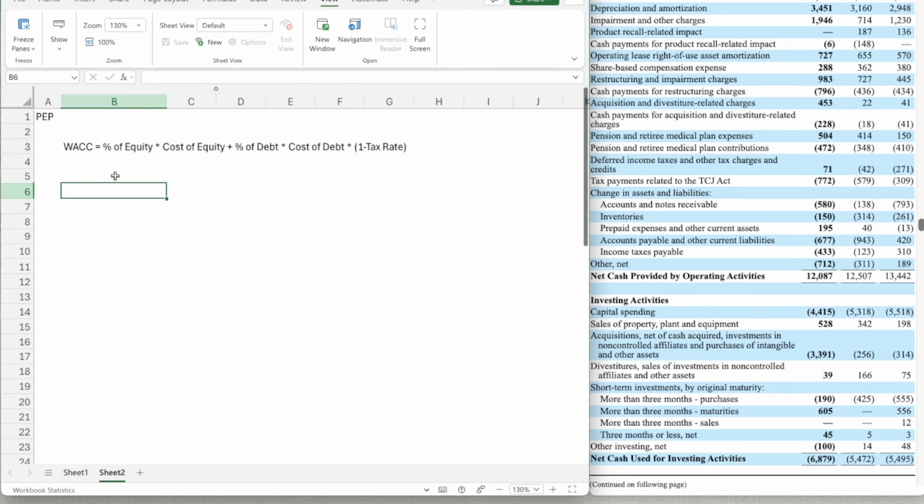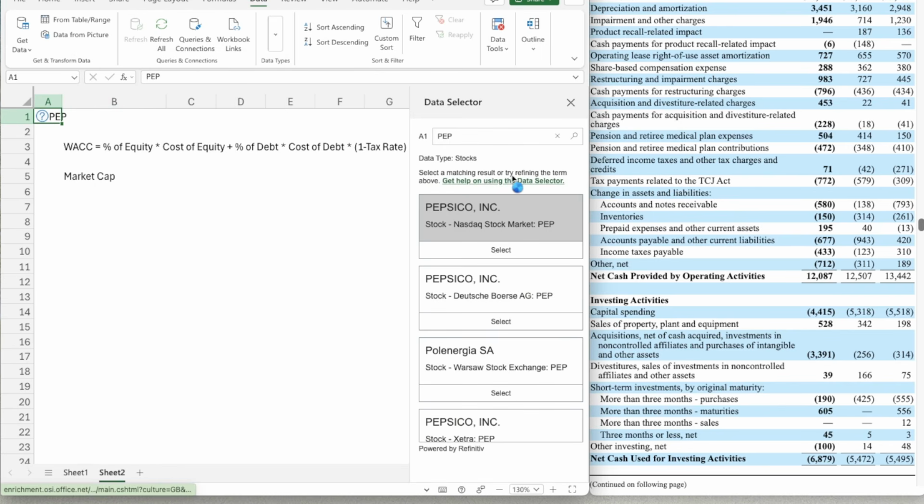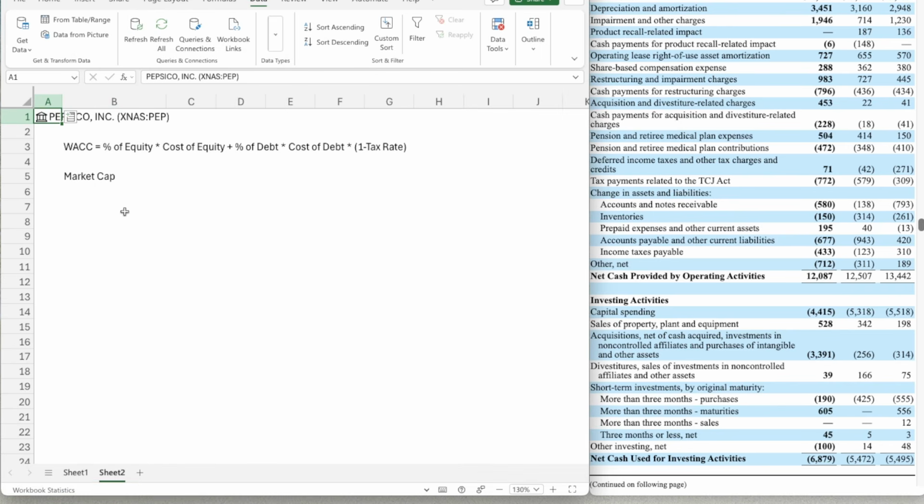So what we need for this is we need the market cap data. We need market cap, we need percentage of equity, cost of equity.